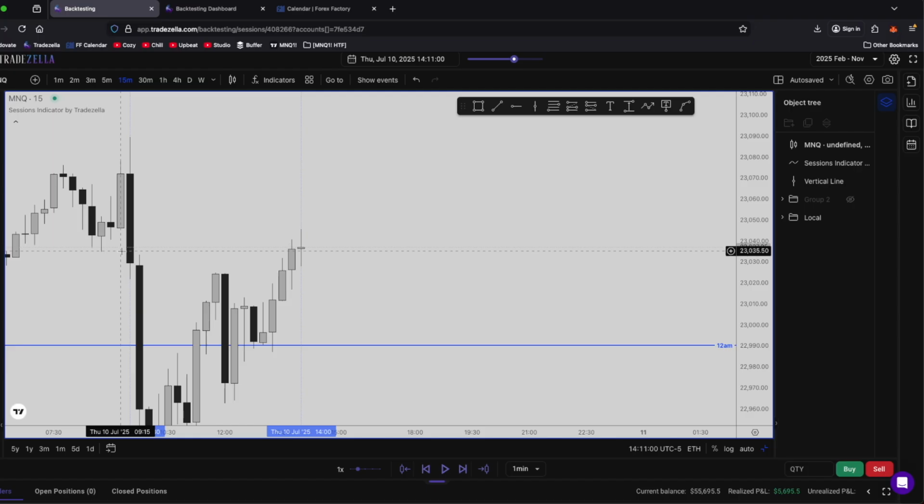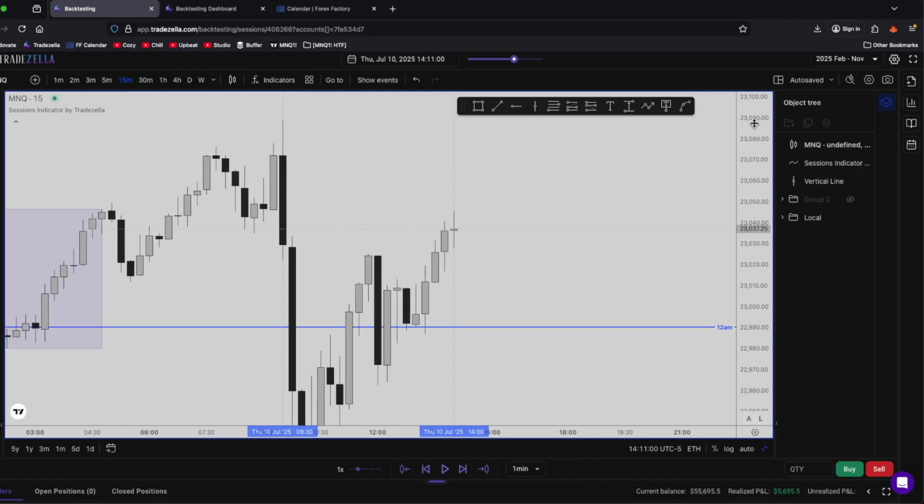So it's rebalanced this whole 15-minute gap here.